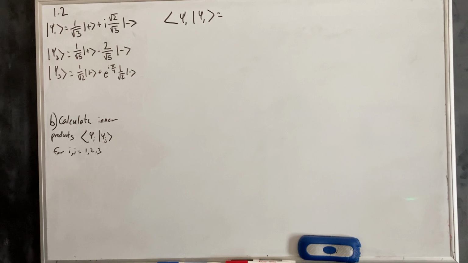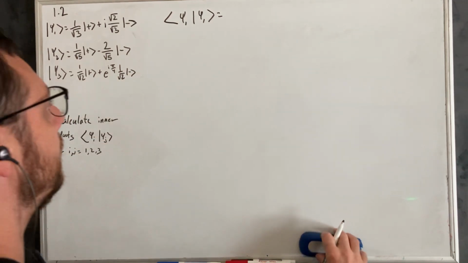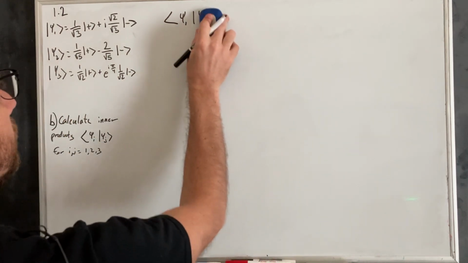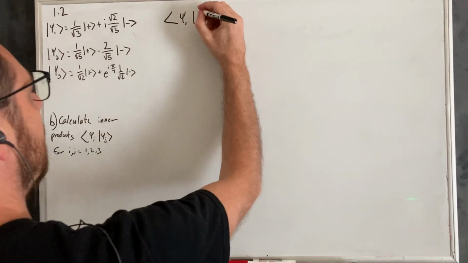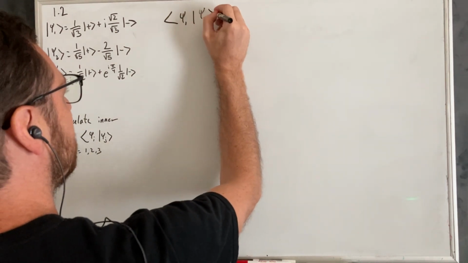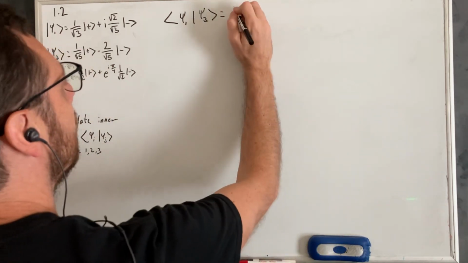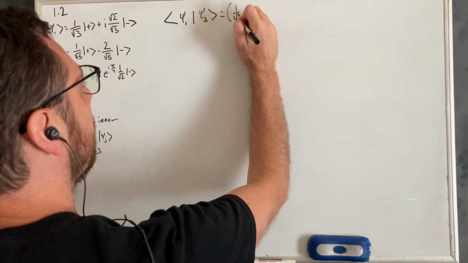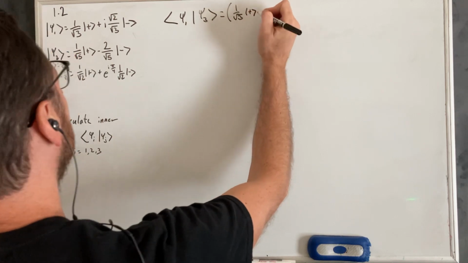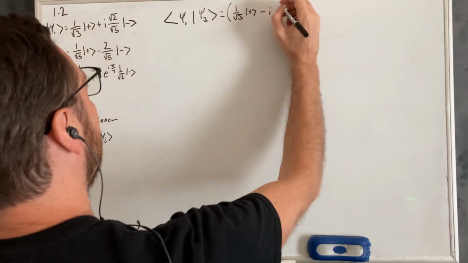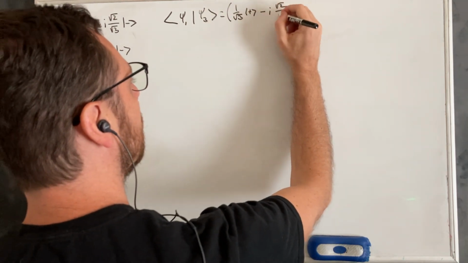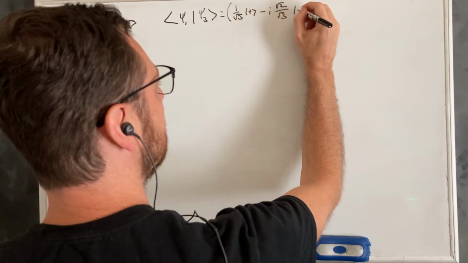1 has an i and 3 has an e to the i. So let's do those two. So let's do 1 inner product with 3. So again, we'll do the bra state of 1, which would be 1 over root 3 up minus i root 2 over root 3 down.